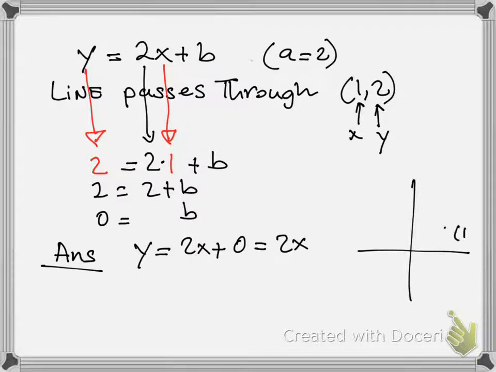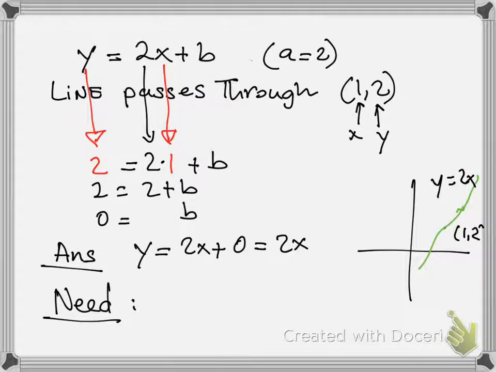So here's (1, 2) again, and we have this line here, and the equation of this line is y equals 2x. But anyway, the point here is that to determine the equation of a line in 2-dimensional space, we needed two things.